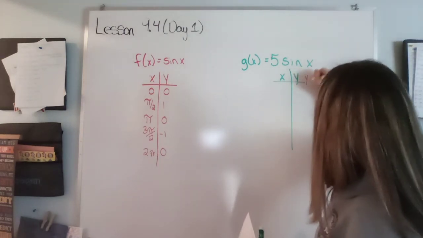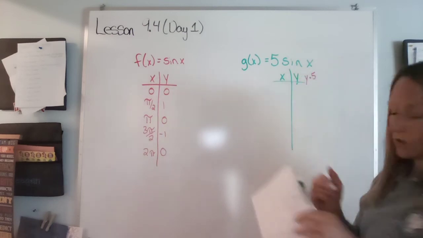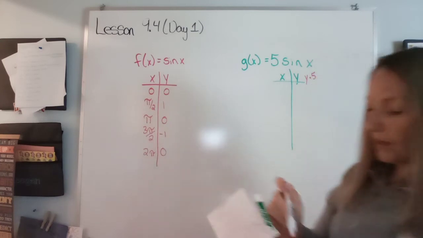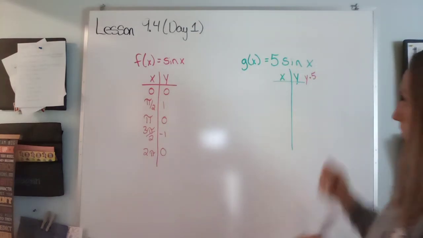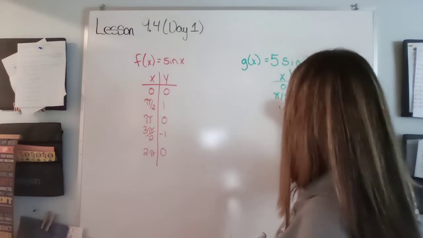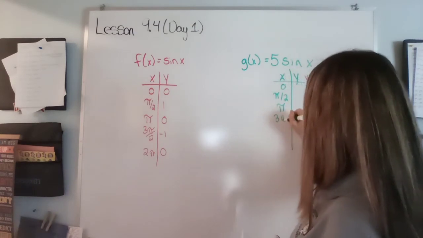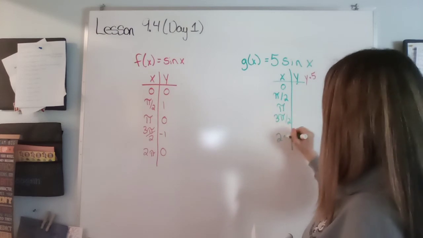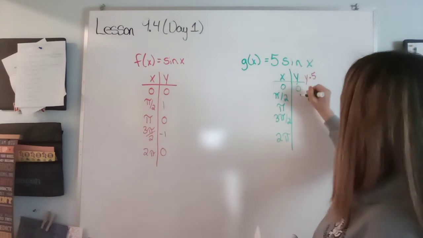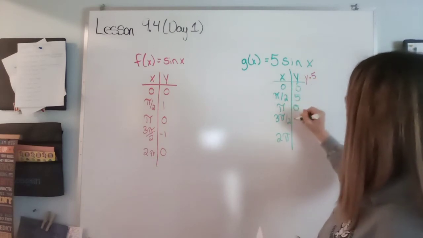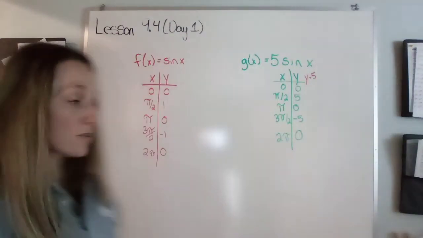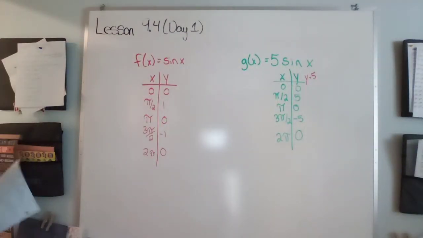So the x's aren't going to change, but the y's get multiplied by 5. So the points are going to be 0, pi over 2, pi, 3 pi over 2, 2 pi, and then multiplying each of these by 5 gives me 0, 5, 0, negative 5, 0. Okay, so those are going to be the points that I plot when I go to graph.